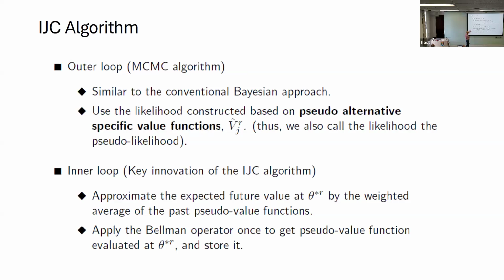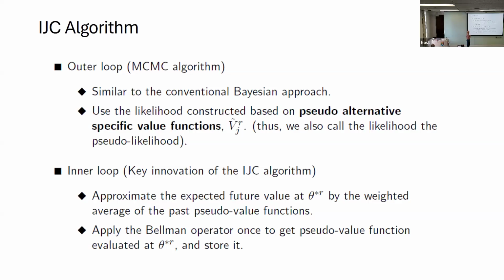When we look at the inner loops, instead of solving the expected future values, or the fixed point of the value functions, exactly in each iteration, it takes advantage of the fact that the value function is a continuous function of the state and parameter space. So we could potentially use the value functions that we have already evaluated.